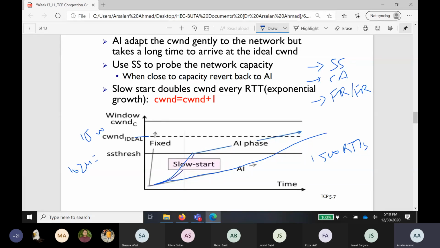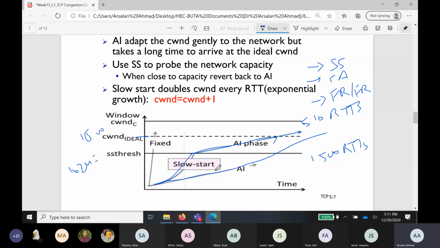So we just need 10 RTTs to reach 1024, and after that another 500 RTTs. The difference is huge. This combination will take us 510 RTTs, and it's much faster as compared to only the linear increase.